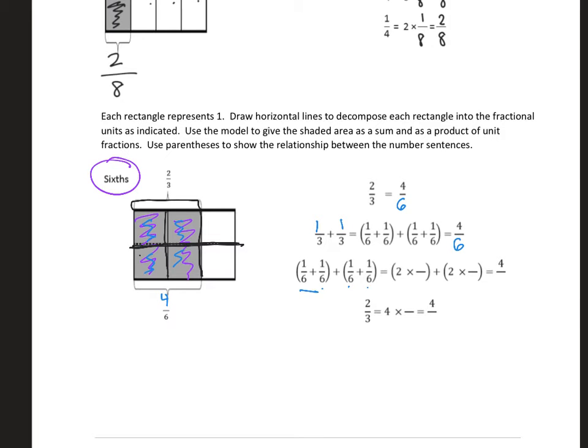So it's saying here there are 2 copies of 1/6 plus 2 more copies of 1/6, and that still gives you 4/6. So 2/3 is equal to 1, 2, 3, 4 copies of 1/6, which gives you 4/6. Don't let the parentheses confuse you.